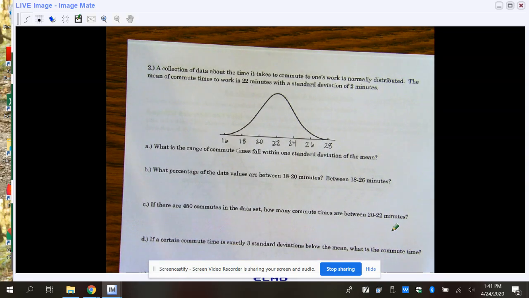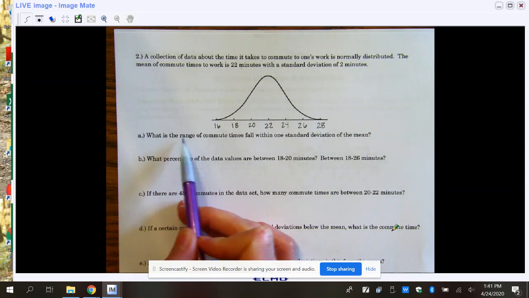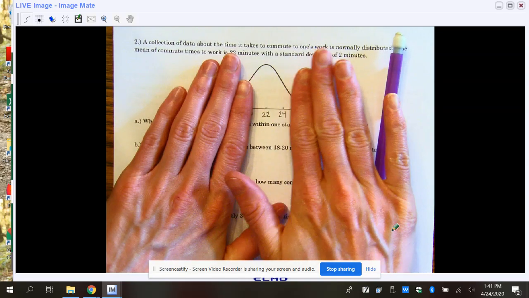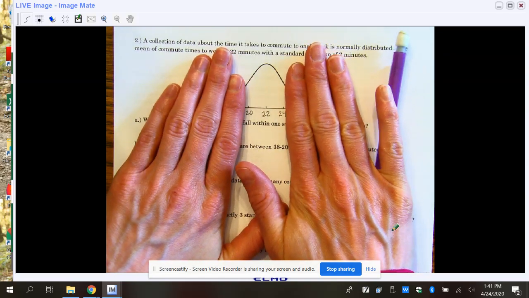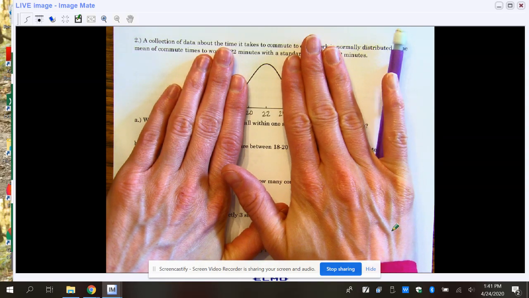So now I'm going to phrase some of these questions a little bit differently. So now this is, what is the range of commute times that fall within one standard deviation of the mean? Okay. So we have to understand what we're looking for there. So there's our mean. One standard deviation is one interval out.